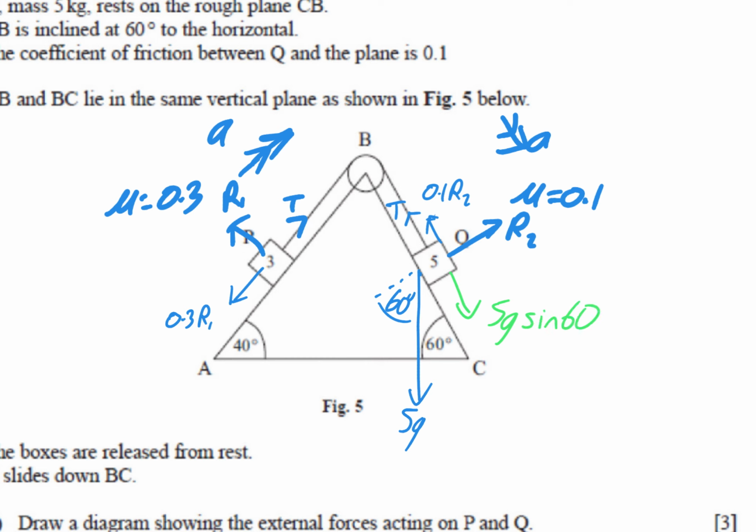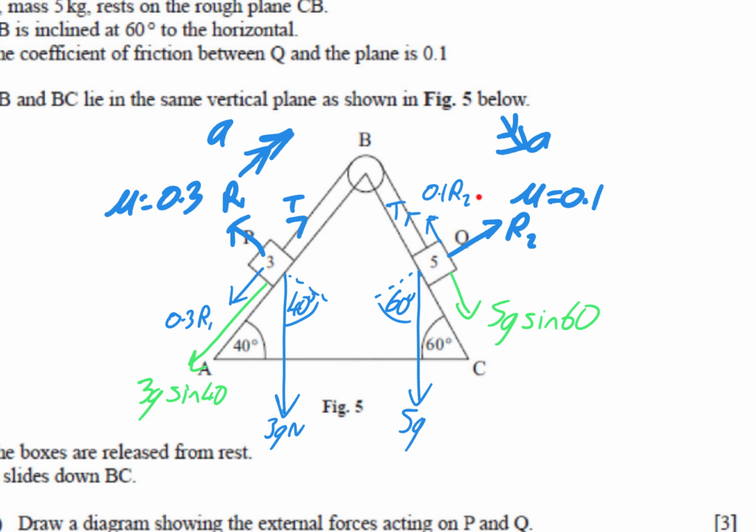5g sine 60. Okay, likewise over here, we'll mark on our 3g going vertically down. Mark on this wee angle in here, which would be 40 degrees. So the component of this, which will be going against motion, would be 3g sine 40. So if you look at this whole system, 5g sine 60 is what's getting me going.